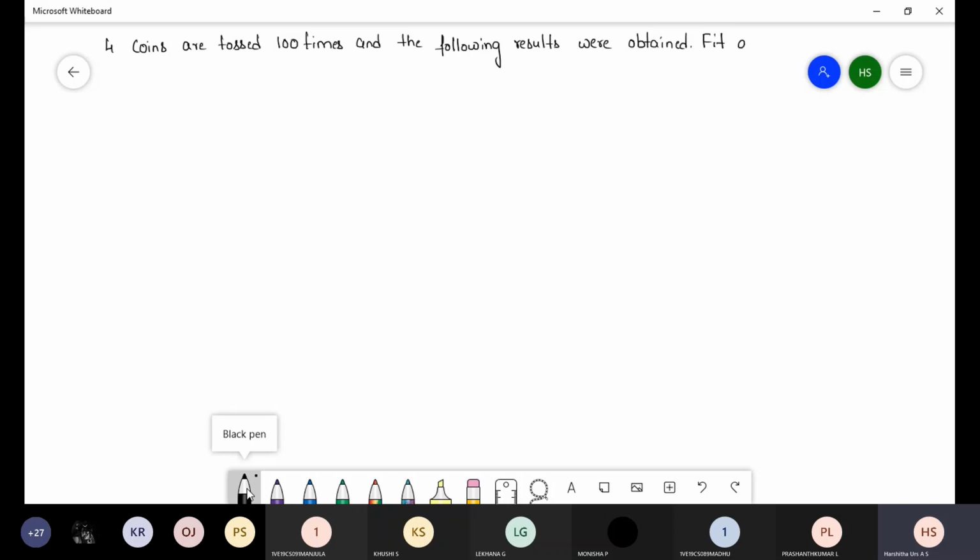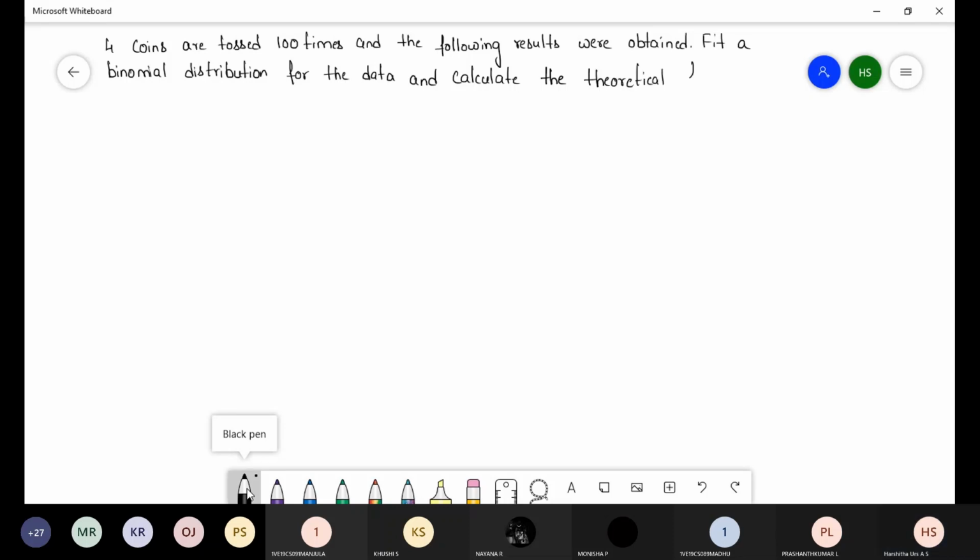Fit a binomial distribution for the data and calculate the theoretical frequencies. Here this is a little bit different.